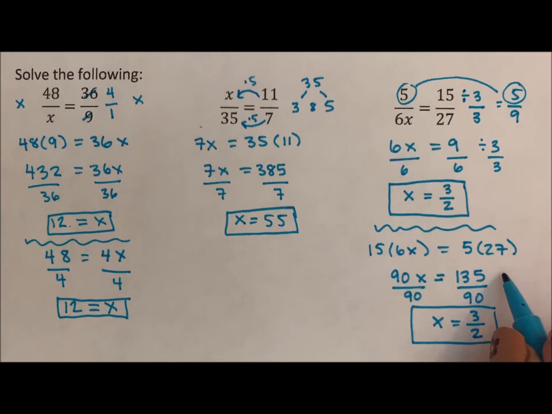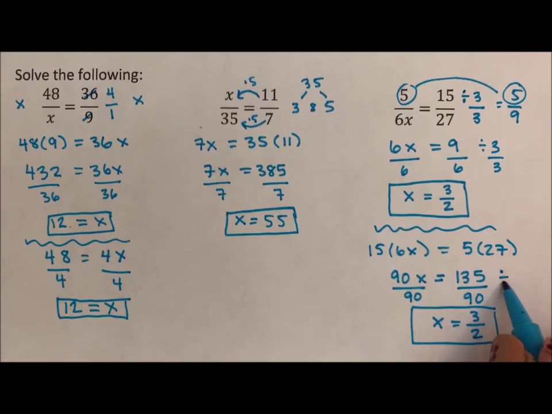Let's see, I probably would have started with taking out a 5 from numerator and denominator, and 135 divided by 5, of course, is that 27 over 18, and then I would have taken a 9 to get to 3/2. So if you don't reduce early, you have to reduce later.